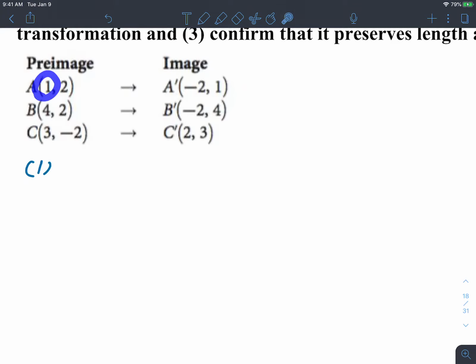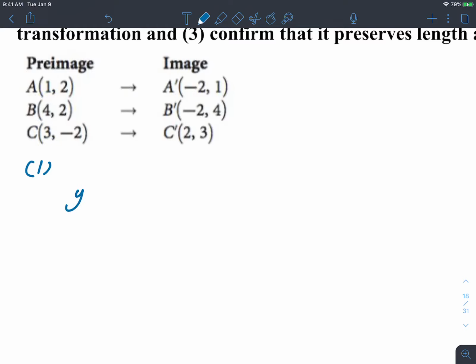so I see 1 here, I see 1 here, 4 and 4, 3 and 3. So what I see is that the y coordinate of the image is the x coordinate of the pre-image. So I'm going to make a little note of that.